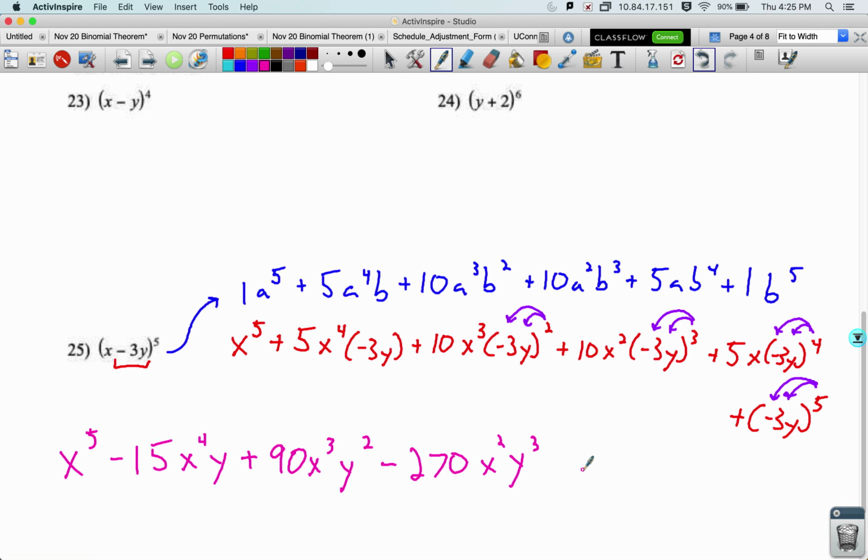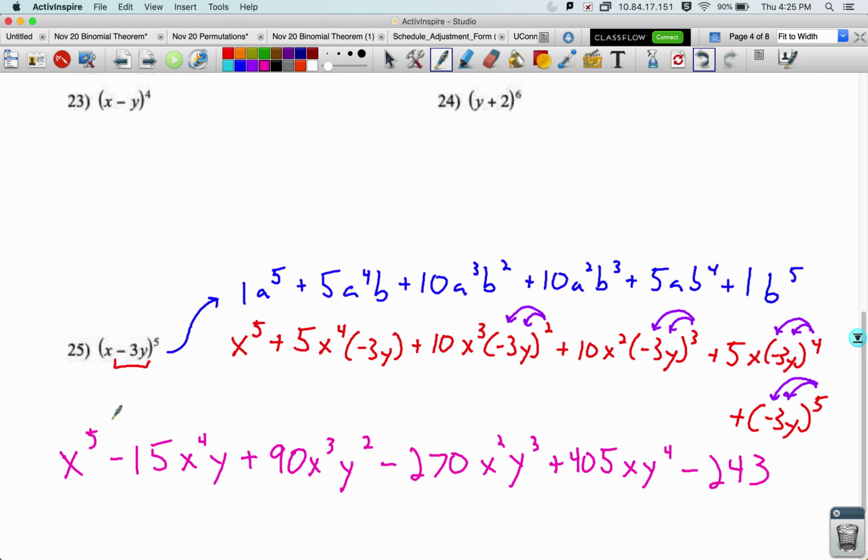Now here's where I need the calculator. -3 to the power of 4 is a positive 81 times 5 gets me plus 405 xy to the 4th minus parentheses -3 to the 5th is -243.